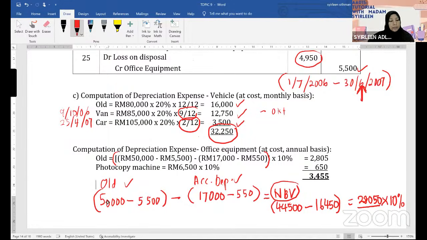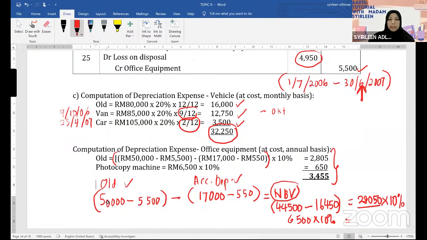And then you bought a new equipment, satu je yang kita kira, that is the photocopy machine. So the photocopy machine, you ada nilai 6,500 times 10%. So you akan dapatlah nilai dia 650. This is the calculations. Saya tak nak contoh-contoh kat sini, nanti nampak crowded. That's why I contoh kat bawah.